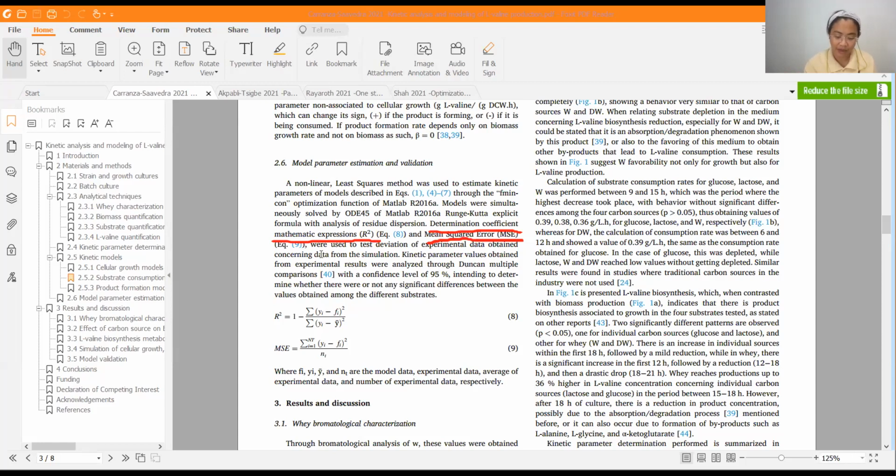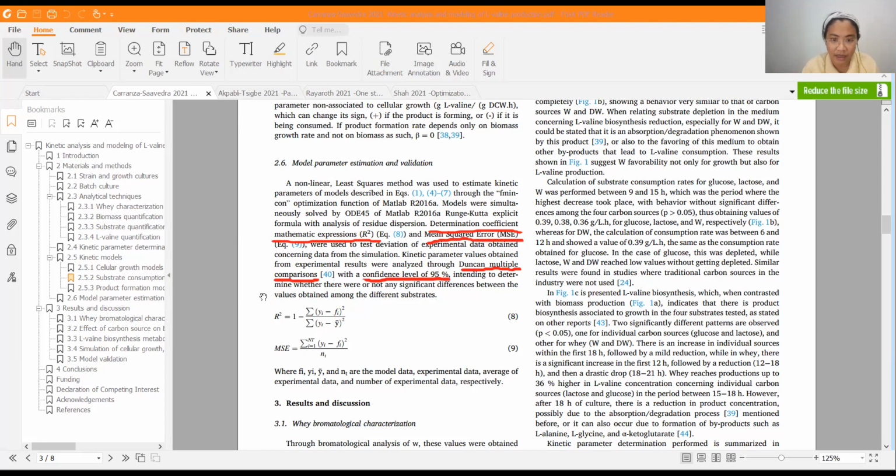Another word you probably come across is Duncan multiple comparison. When you see the word Duncan, that has to do with statistic, with a confidence level of 95%. So even though it's a modeling paper, it still has some statistic that goes with it.